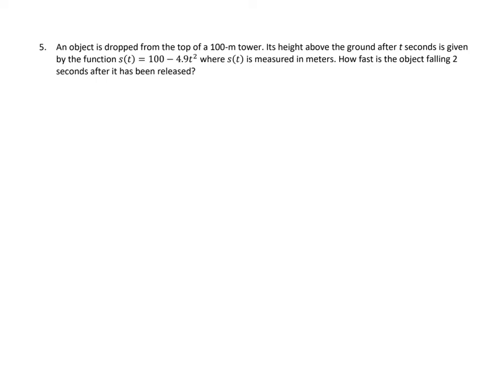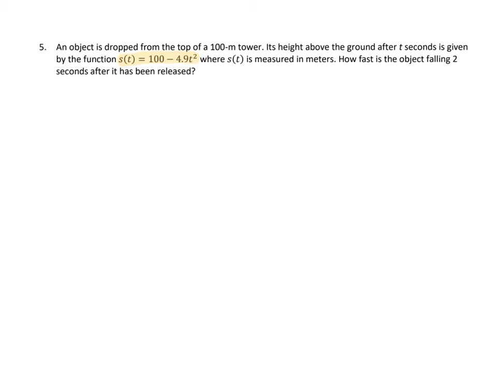Okay, so there's a lot of words in this problem, but this is a typical free fall problem from physics. Because of the acceleration due to gravity, our object is falling, of course, at 9.8 meters per second. And then the way you figure out the distance traveled is the 4.9 t squared minus wherever you started.